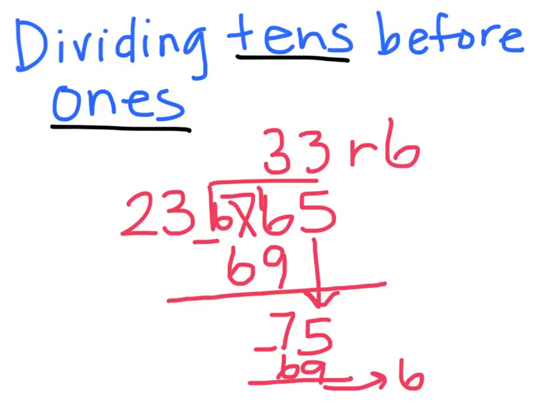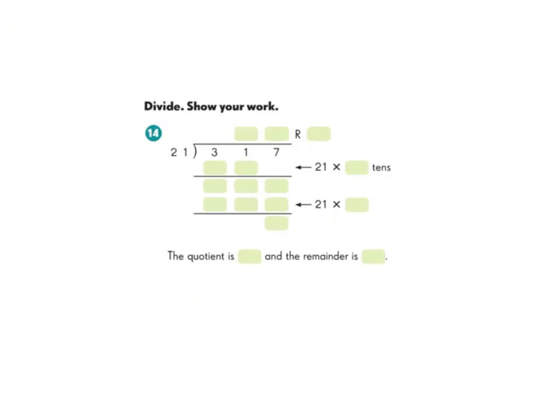Let's try another example that requires us to divide tens before ones to fit a small divisor into a much larger dividend. In this problem, we're dividing 317 by 21. Let's begin by estimating how many times 21 will fit into 31. My estimate is 1. Let's test that out. 1 times 1 is 1.